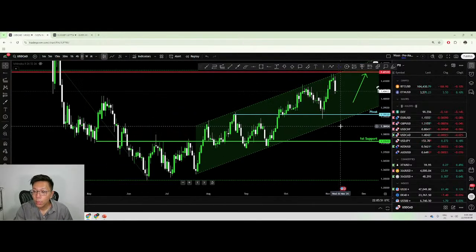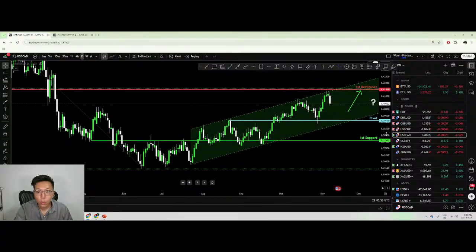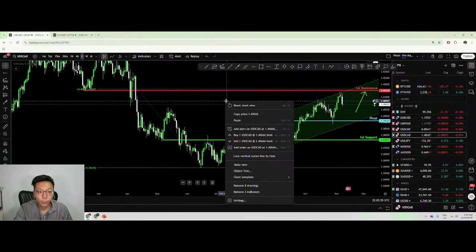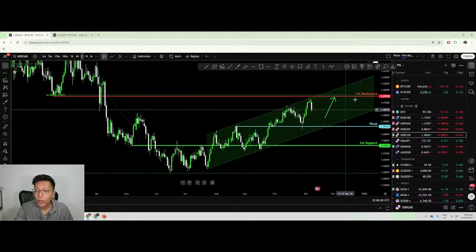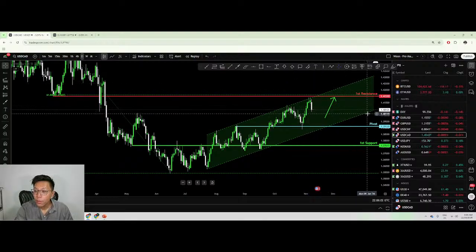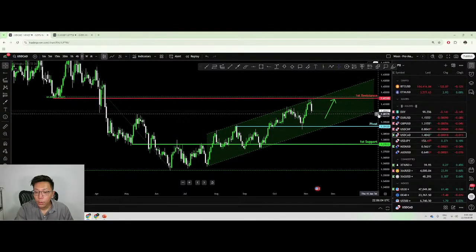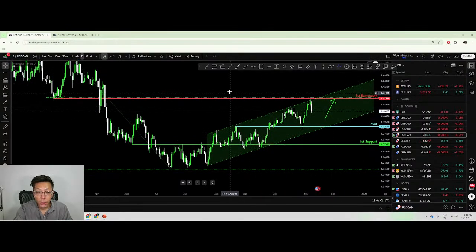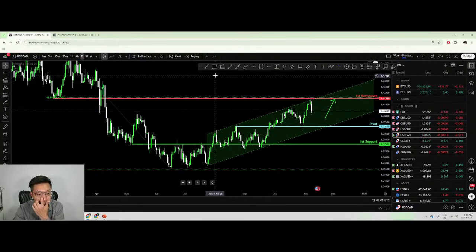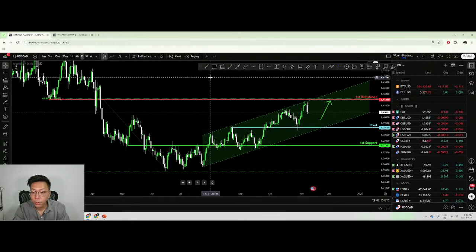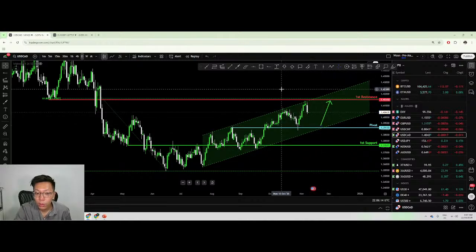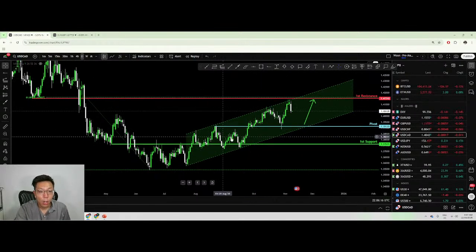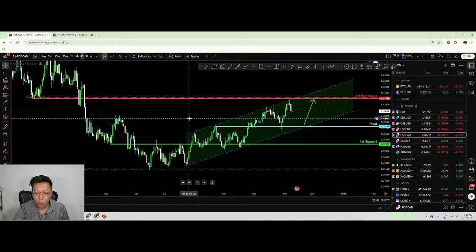Okay, so now let's take a look at USD CAD. For USD CAD, I think we shouldn't really have any changes from our daily markup. Just that we should analyze how price is moving once more.